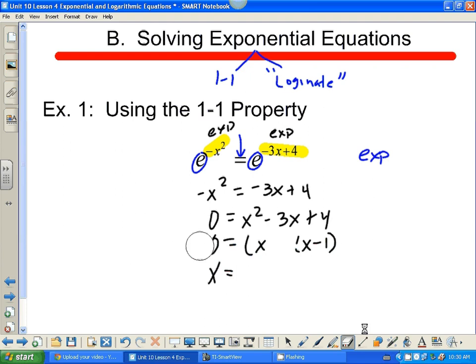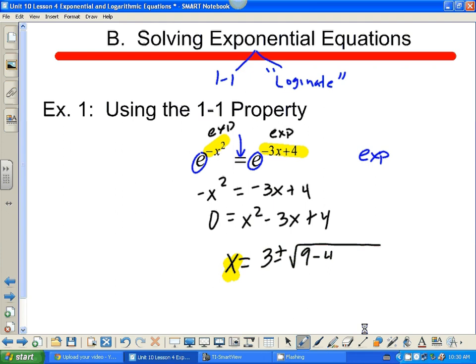It does not factor, so let's use the quadratic formula. x equals the opposite of 3 plus or minus the square root of b squared minus 4 times 1 times 4, all over 2 times 1. We're going to notice that we are going to get 9 minus 16 under there. So this is an imaginary solution. So there are no real solutions for this problem.